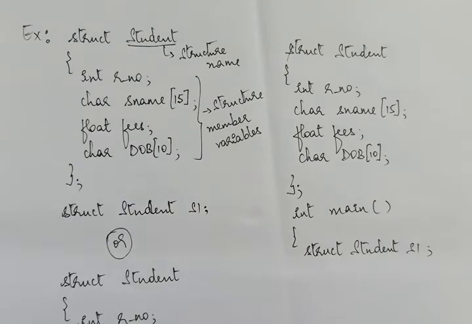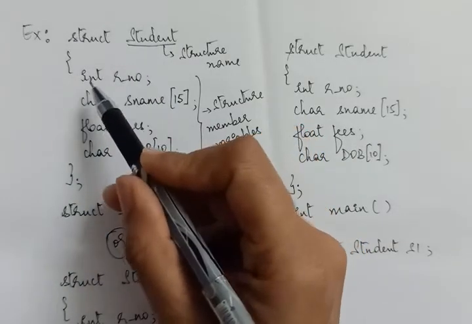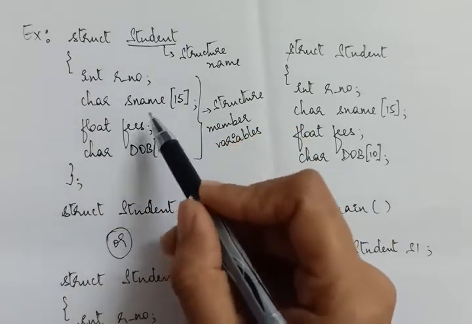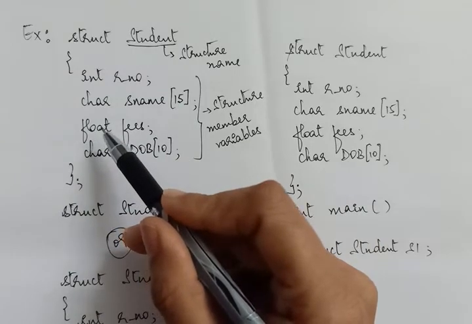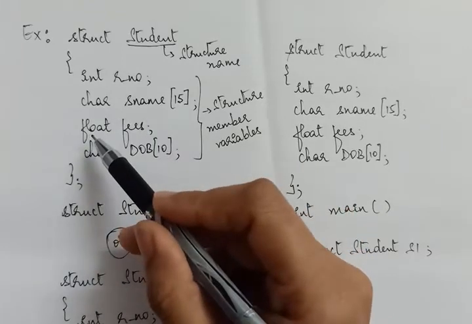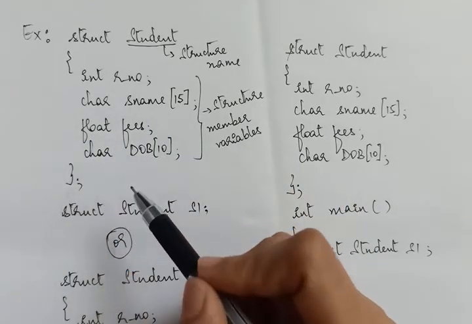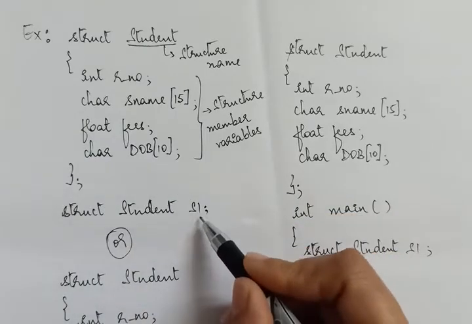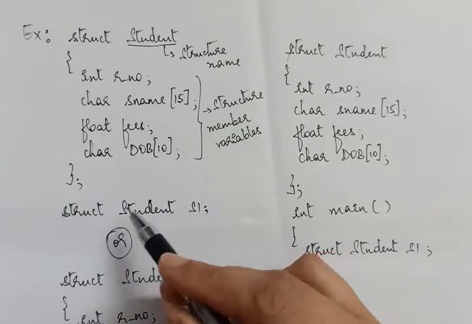So primitive type, if I take this as a primitive one, roll number is of type int, name is of type character array char, or we say string, fees is of type float, dob is of type char. Similarly, s1 is the variable of type struct student.